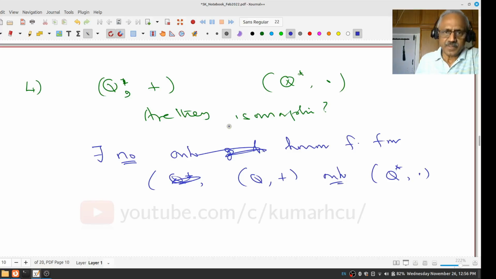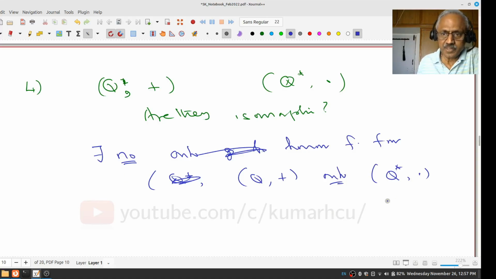But remember, if they are isomorphic, what does it mean? There is a group homomorphism which is a bijection, and in particular it's onto. But we already proved there exists no such group homomorphism.